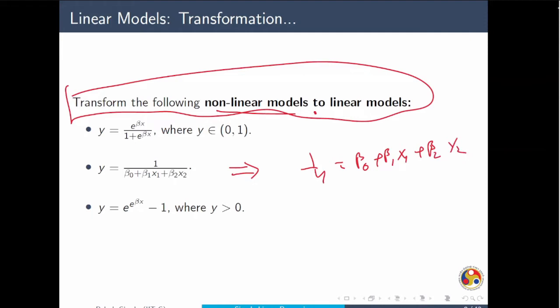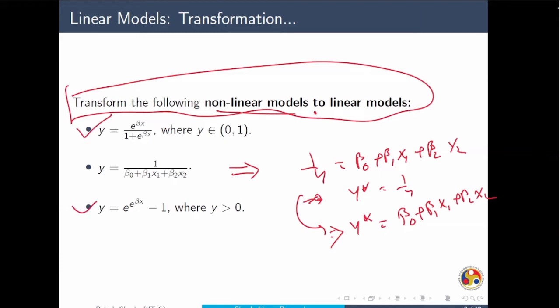And then you take y star equal to 1 by y. Then it will become y star equals beta naught plus beta 1 x1 plus beta 2 x2. So that's a linear model. Similarly, your job will be to transform these two as linear models. It's not very difficult, but if someone is just starting, it could be a little bit worrisome, but you should be able to do that.